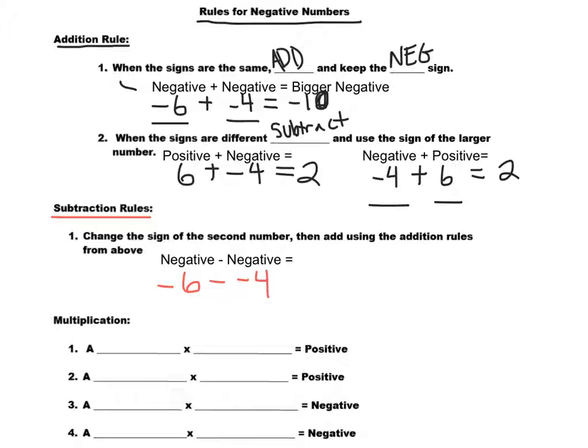So whenever you see this double negative thing here, basically that's just going to turn into a giant plus sign. And so now we're going to use the addition rules from above, just like before, because we have a -6 plus 4. And so that's going to work out to be the bigger number is the negative number, which is the -6. So we're going to have a negative answer, and it's bigger by 2. So we have -2 here.